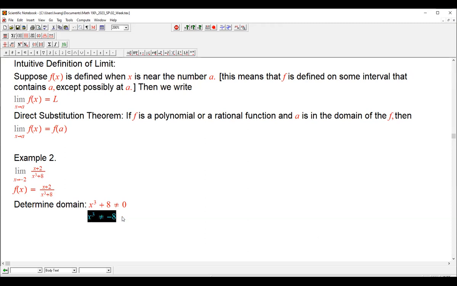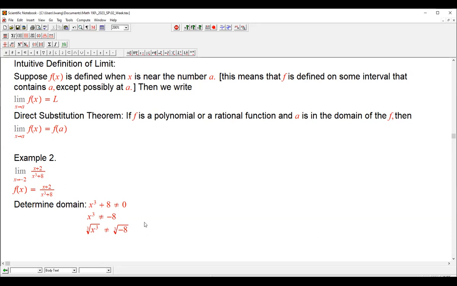When would that happen? We can take a cubic root on both sides, if you like. Cubic root on both sides.